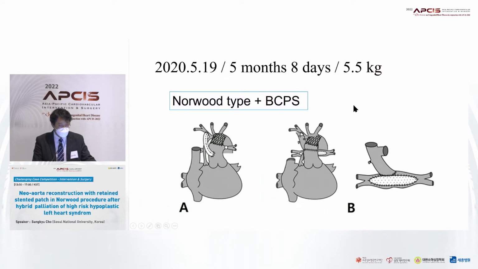So at the age of 5 months, 8 days, this patient underwent Norwood BCPS procedure, taking down the reverse PT shunt. I used this graft for arterial perfusion, and the neo-aorta was reconstructed with native tissue-to-tissue anastomosis, and the arch was reconstructed with a retained stent patch graft.